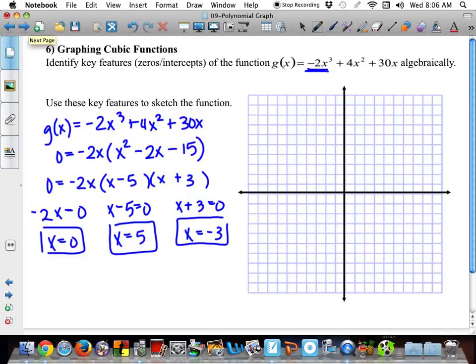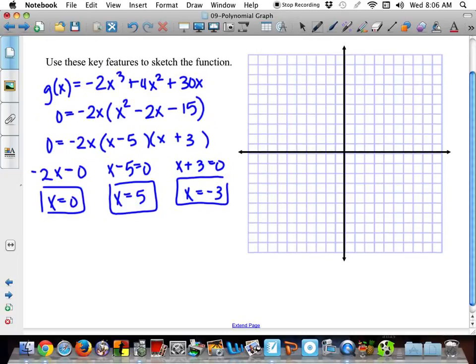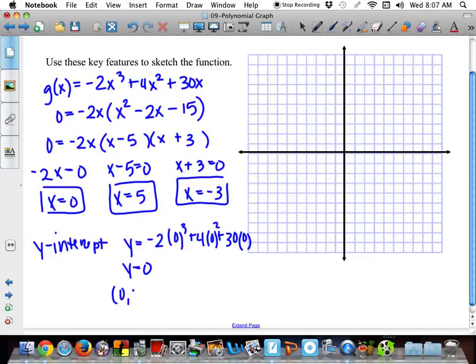And then the last thing we're going to do is the y-intercept, so that gives us another point to plot. And again, very easy to calculate. So if I find my y, I'm going to substitute 0 in. And so y is equal to 0, the y-intercept is 0, 0.